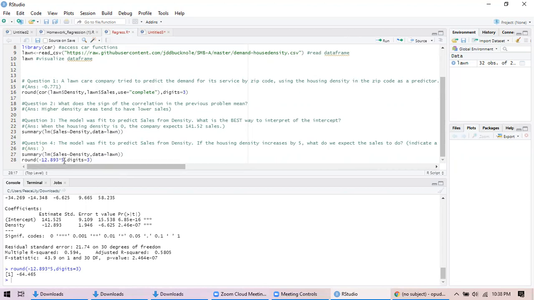Like I times it by 5, right? Yeah, after the 5, just add the y-intercept. And the y-intercept was the 141.525.